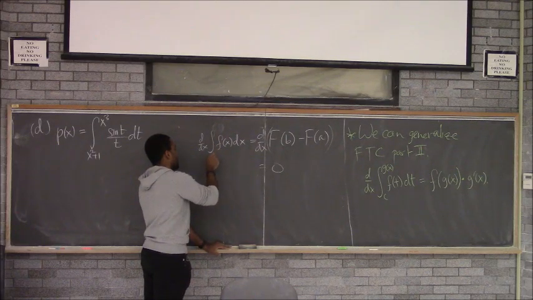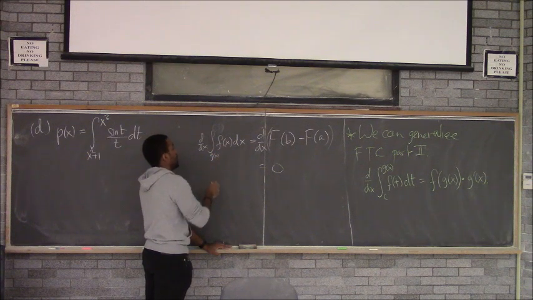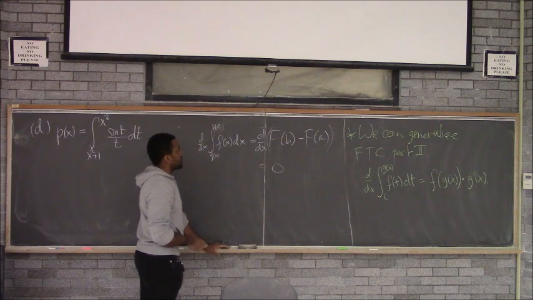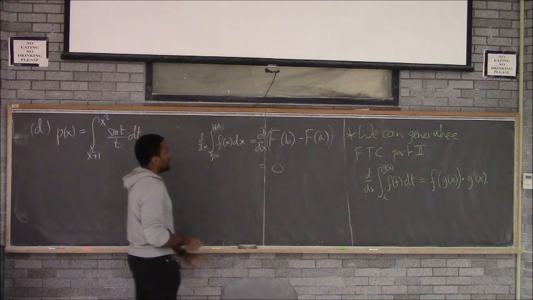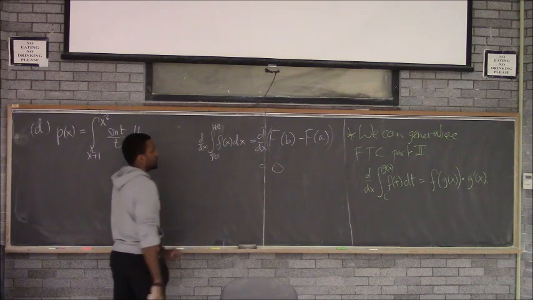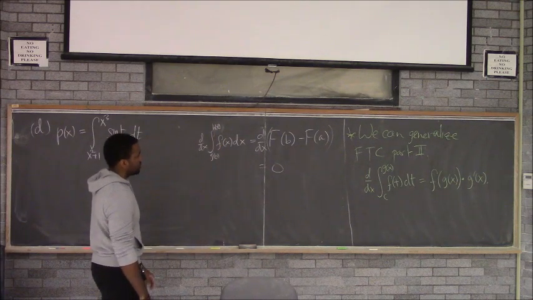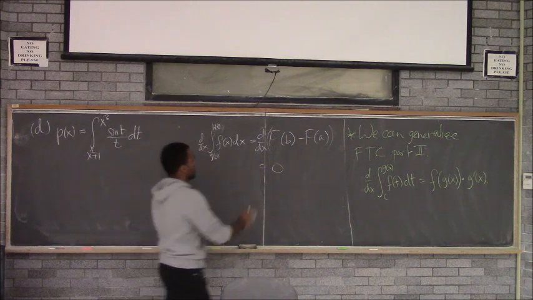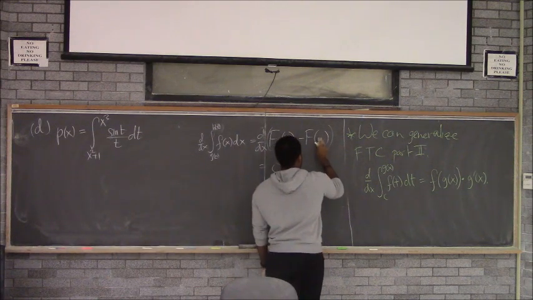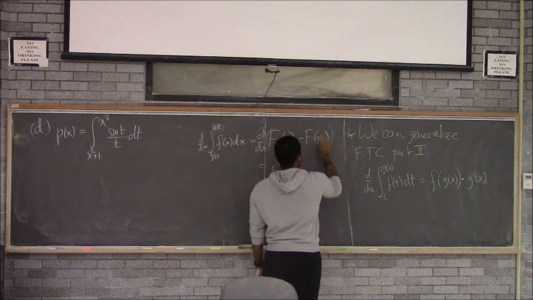Like it's G of X and H of X. Or some other variable. So you put them in here. H of T, G of T.